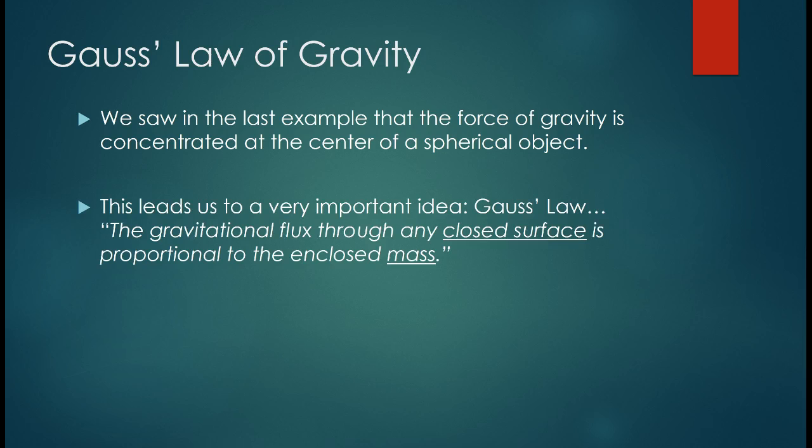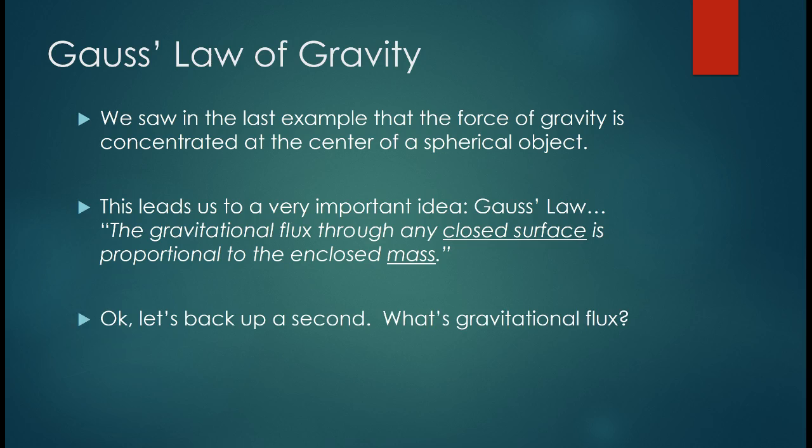And this leads us to Gauss's law, which is that the gravitational flux through any closed surface is proportional to the enclosed mass inside of that surface. Okay, well, let's back up a second. What is gravitational flux?